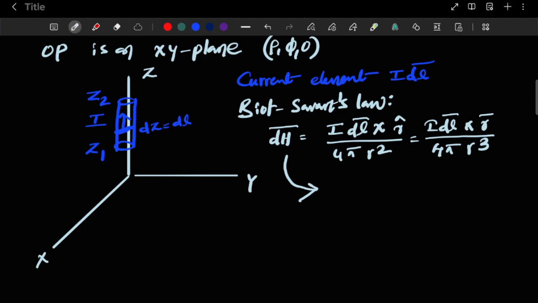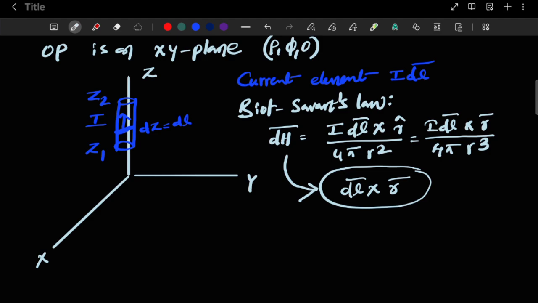It is in the direction of dl bar cross r bar or r cap. So this is the main thing we have to focus on, because some additional work is needed to find the direction of the magnetic field intensity, which is somewhat difficult, and the rest of the thing is related to the magnitude only.